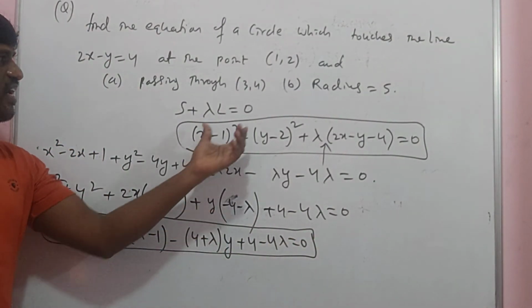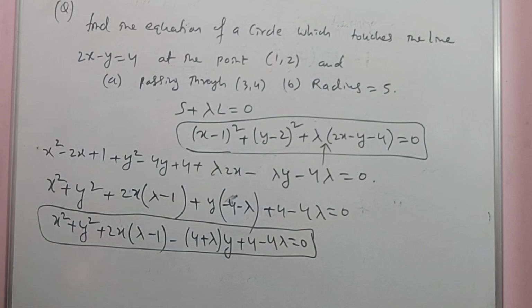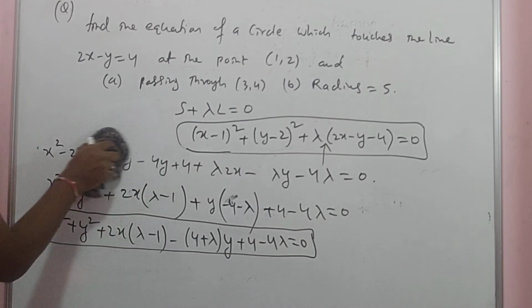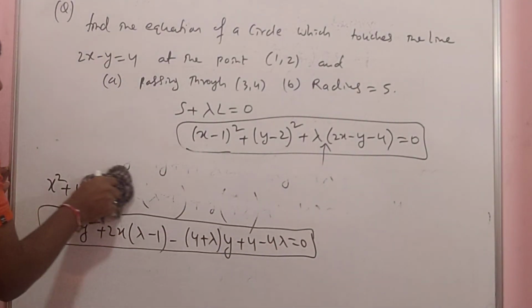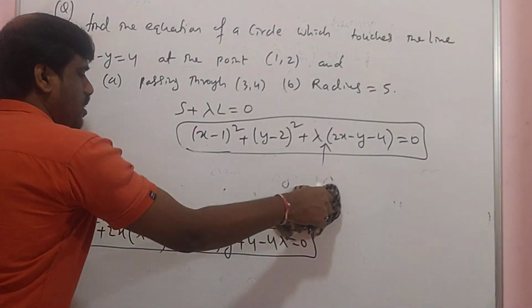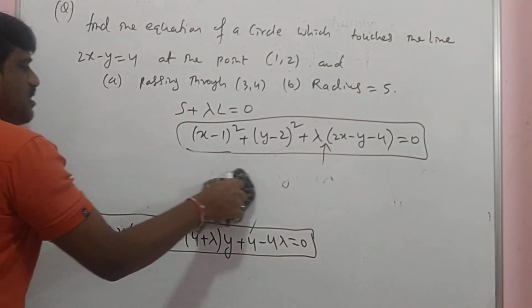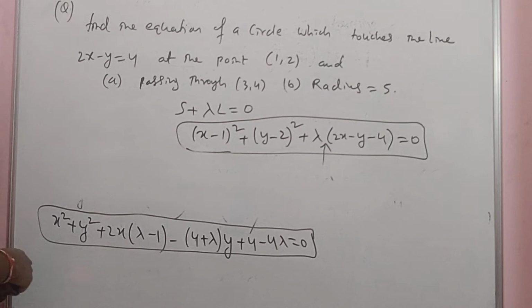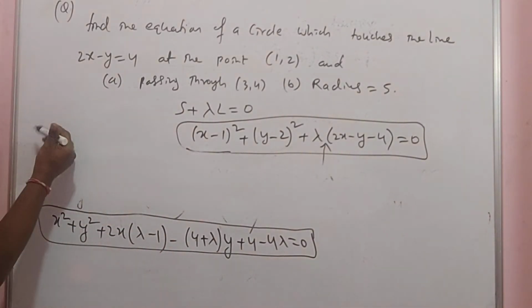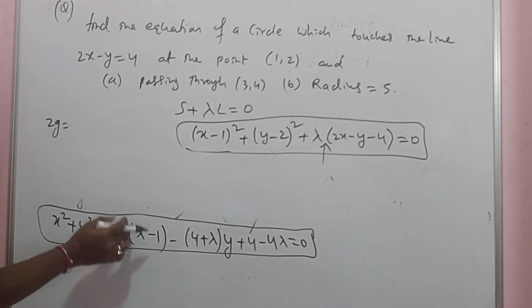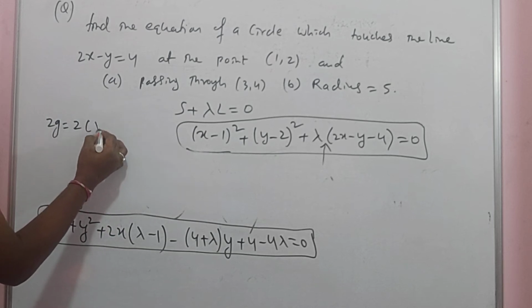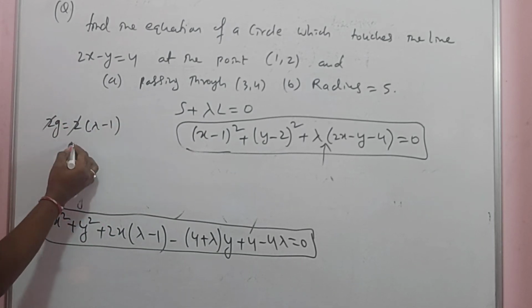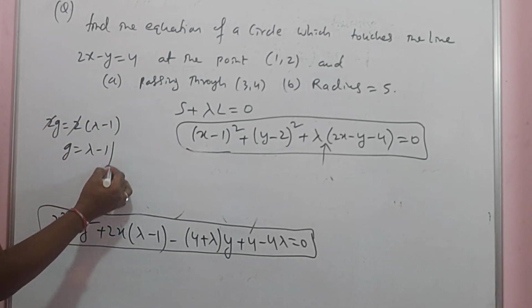After that you have to find the radius is 5 units, so you can do this one. I hope you can do this as homework also, because such questions we have done so many. And after this I am going to explain one JEE question here. So for the radius, 2g is equal to 2 into (lambda minus 1), so 2 cancels, g is equal to lambda minus 1.